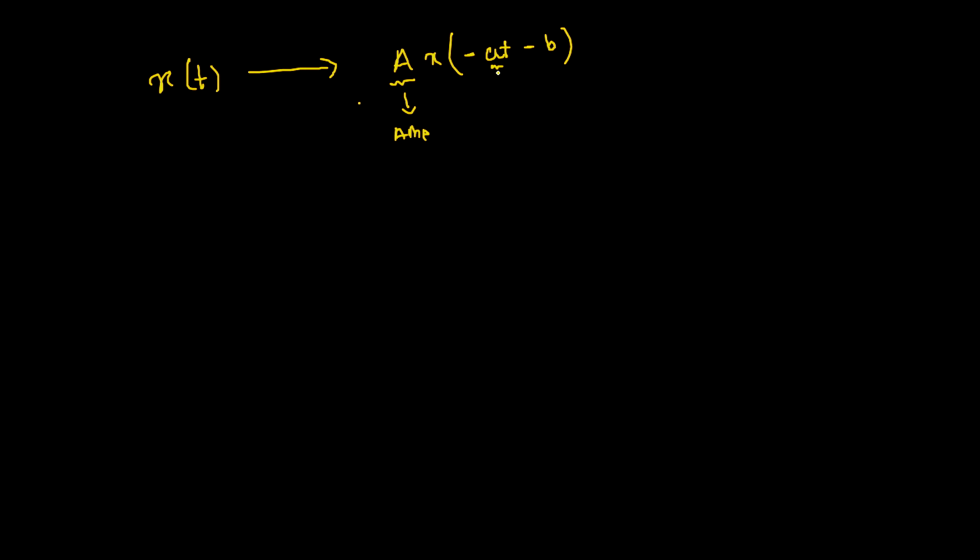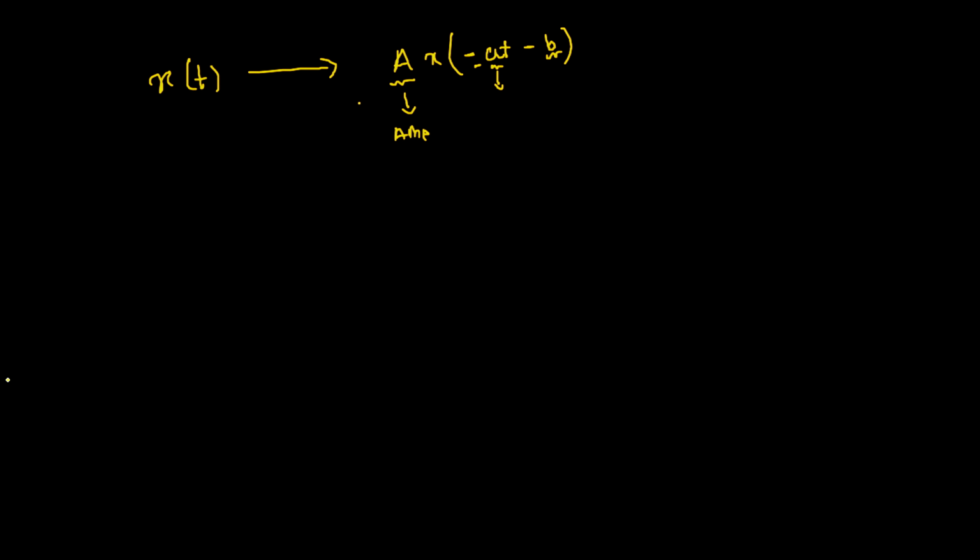You have time scaling, you are multiplying t by a factor of a. You have time shifting, it is shifting to the right by b units, and you also have time reversal because you have a negative sign with t. So it's very essential that you perform the operations in the given order one by one.